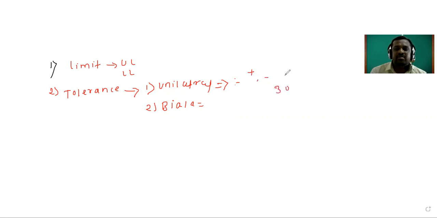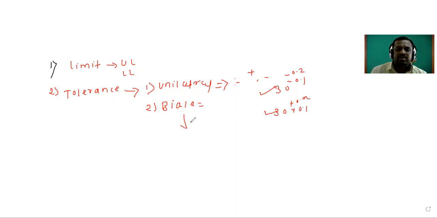Example: 30 minus 0.02 minus 0.01. It is unilateral because we are showing the tolerance only on the negative side. Suppose 30 plus 0.02 plus 0.01; again, it is a unilateral tolerance.